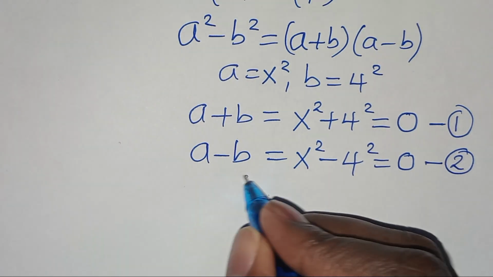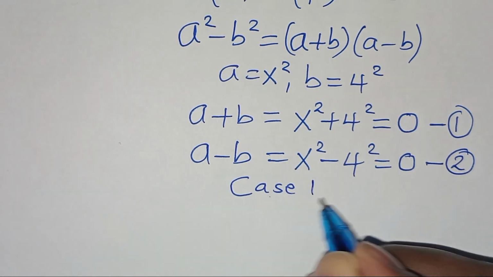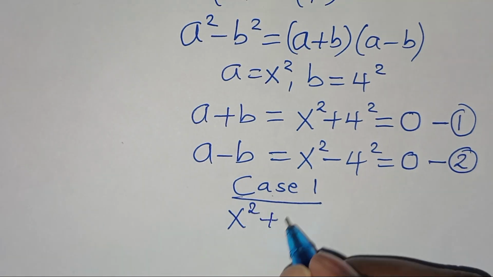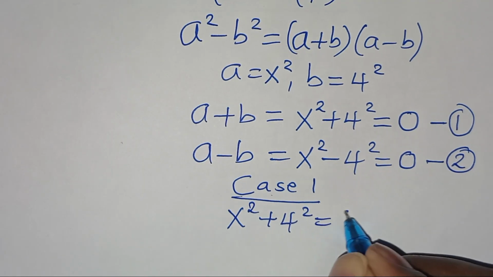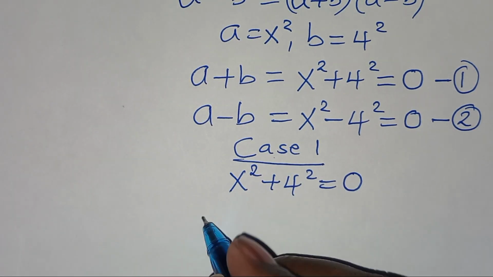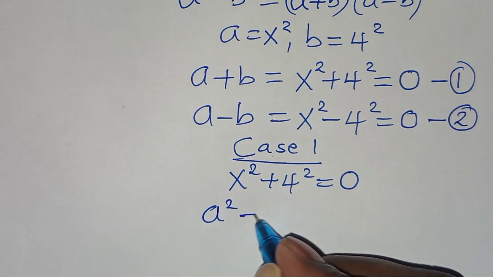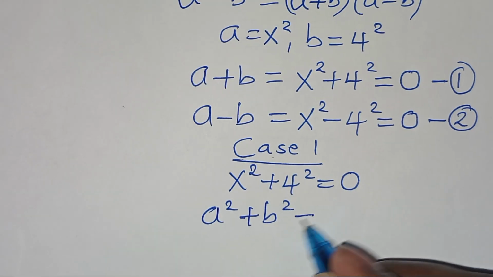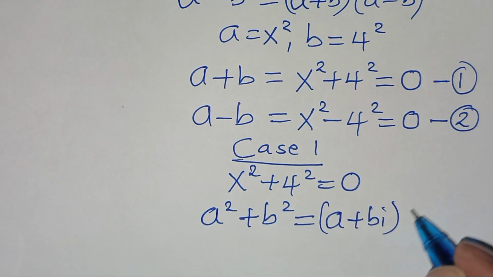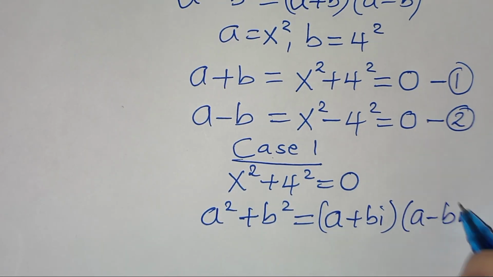So let's start to solve equation 1. This is case 1. We have x squared plus 4 squared equal to 0. Now, this equation is in the form of a squared plus b squared, which you can express as a plus bi multiplied by a minus bi.